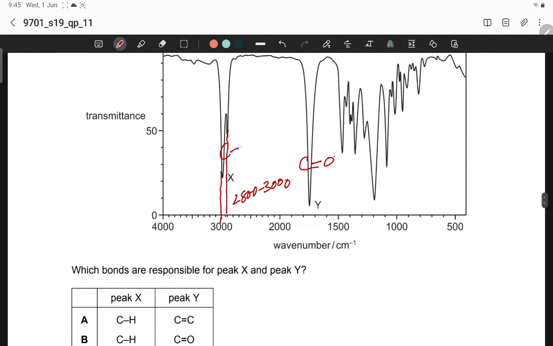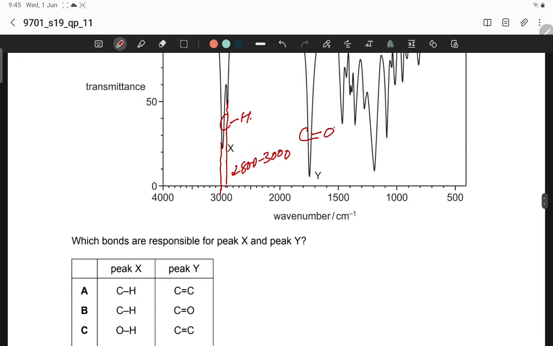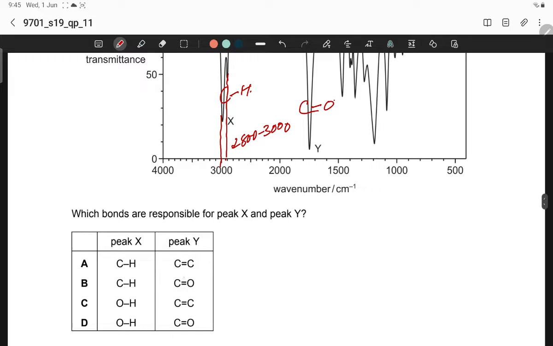This is the CH peak at 2800 to 3000, and the CC peak is not there. So B must be correct.